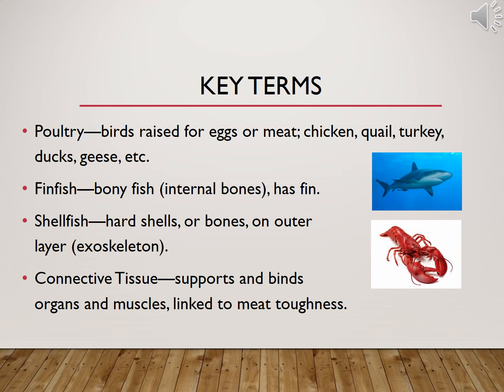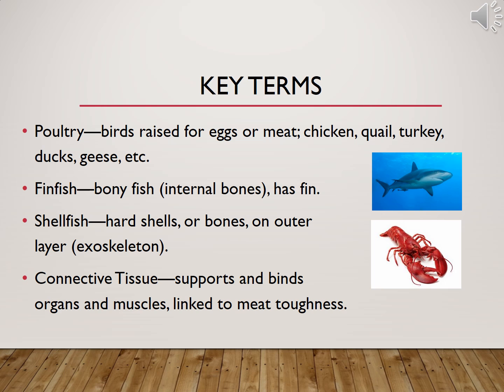Before we go over the key terms on this slide, know that there are 2 different definitions for meat. So the very first definition is a very basic definition. This is animal flesh, and this applies to any animal. The second definition, and the one that we used in the chapter that discussed meat, is animal flesh from mammals.